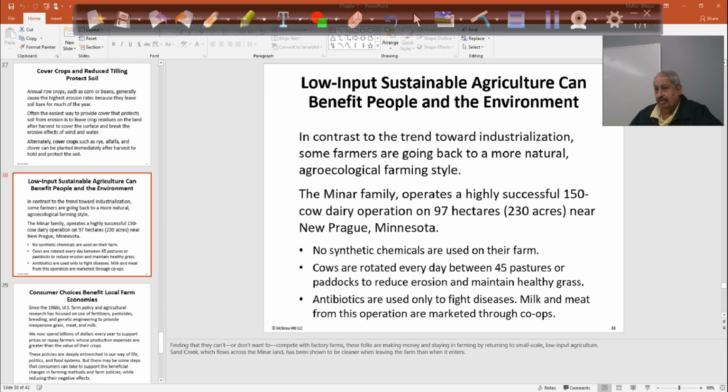Low input sustainable agriculture can benefit people and the environment. That's really here as an example. One farm in New Prague, here in Minnesota, depended on not using any modern machinery. They use the old way to produce their crop. And to our amazement, it really works. They do not have a huge land, but they have 97 hectares, which is large.